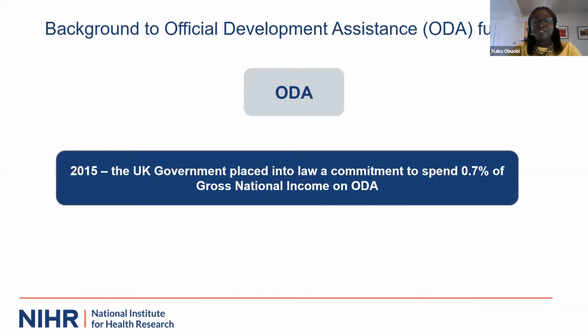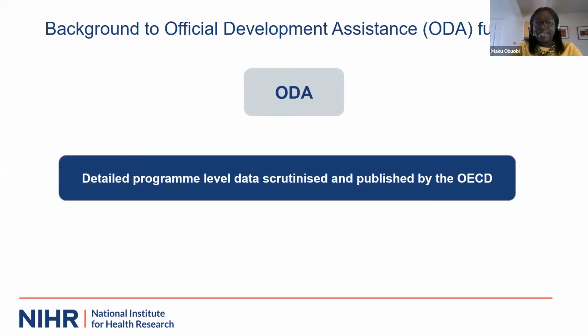And in 2015, the UK government placed into law a target to achieve annual spend of 0.7% gross national income towards ODA related activities. Each year, detailed program level data is scrutinized and published by the OECD on all the members' ODA spend.